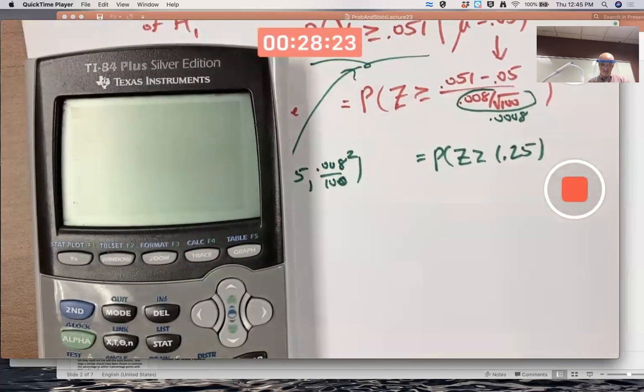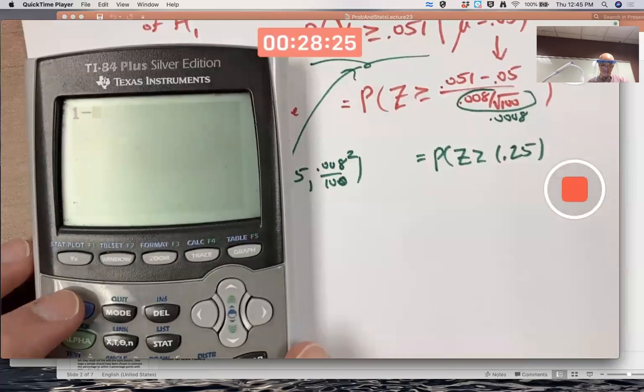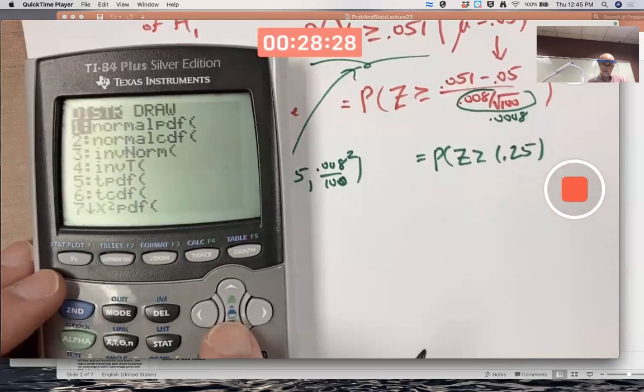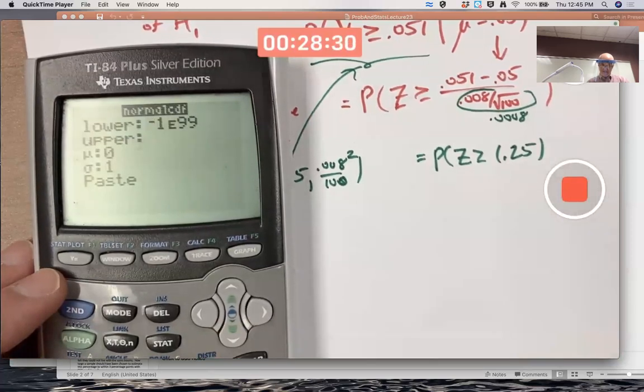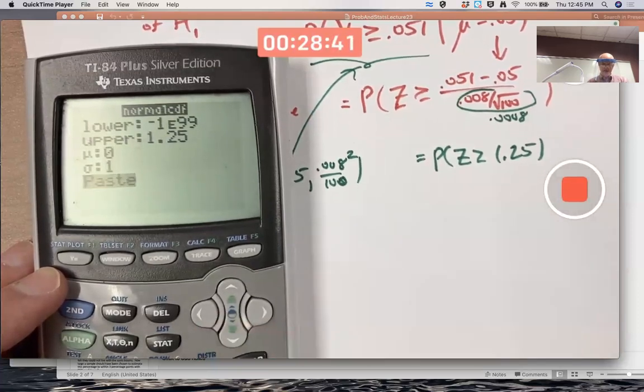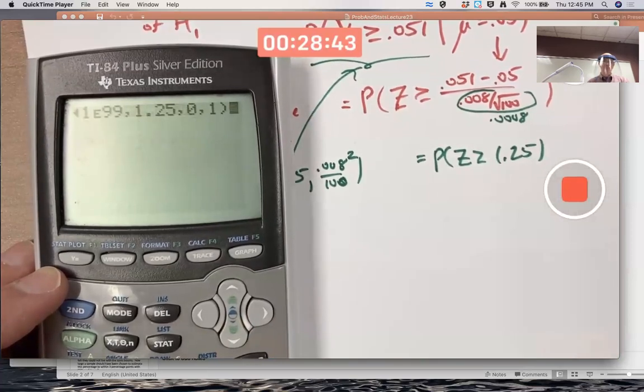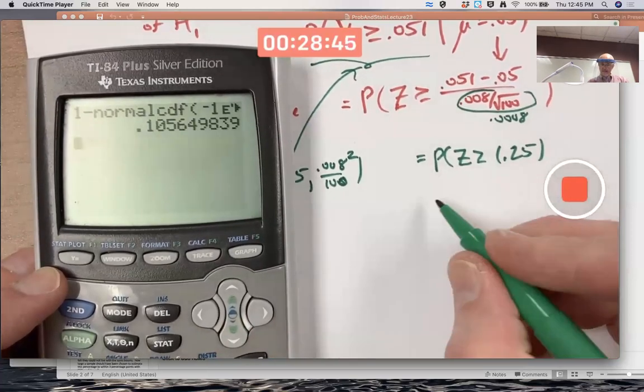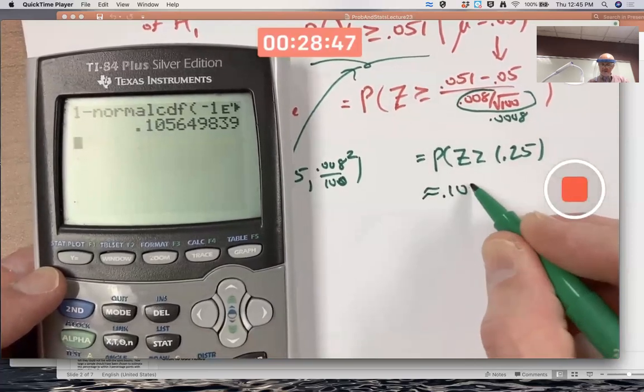I'll use technology here. 1 minus the CDF, normal CDF. I'm using a standard normal now. Of course, I didn't have to do 1 minus since I have a lower and upper, but my lower is set effectively to minus infinity, so that'll be easier. It's like the p-value is approximately 0.106.